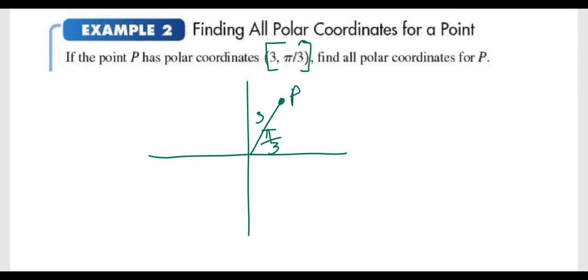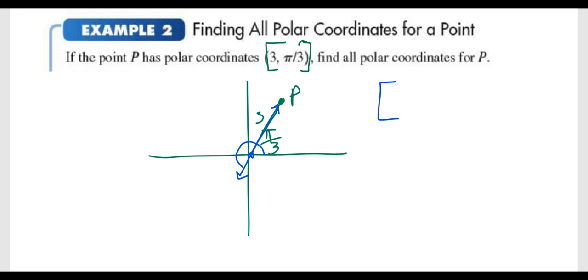What else could we do? Well, we could rotate all the way down to this direction, but instead of walking forwards, we could walk backwards to get to that same place. Alright, so what would that look like?